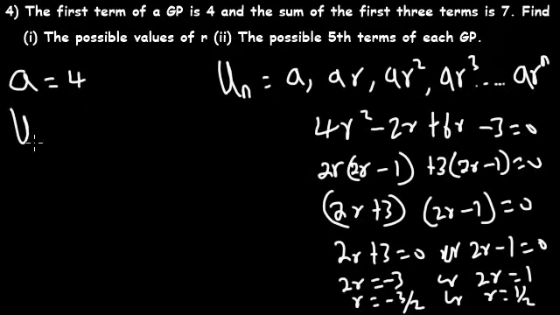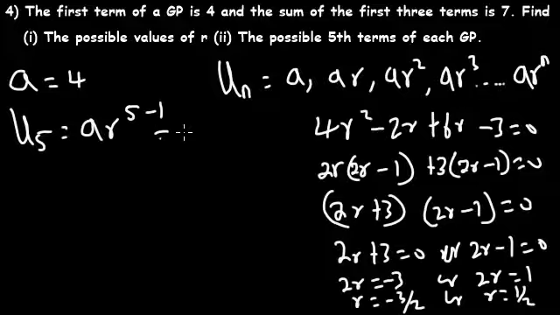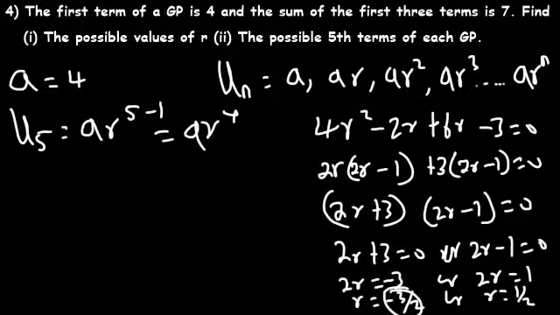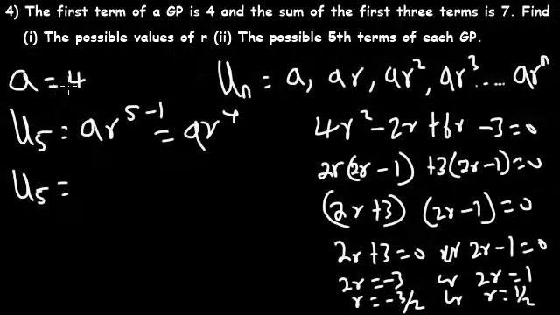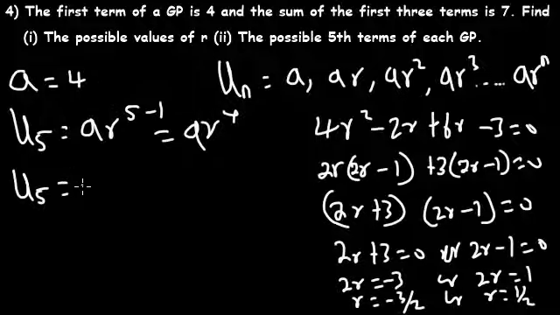So u of 5 will be equal to what? That will be ar to the power of 5 minus 1, which is ar to the power of 4. Perfect. So when r is minus 3 over 2, then u of 5 for that series will be, let's assume the value of a remains unchanged. For each of the series, the first term is 4. So that's 4 times negative 3 over 2 raised to the power of 4.